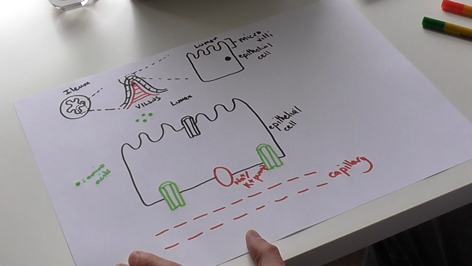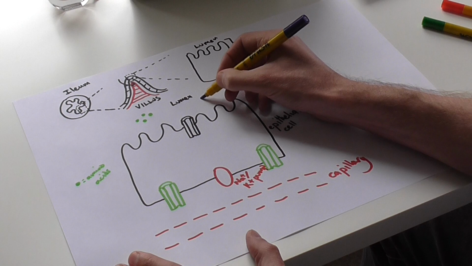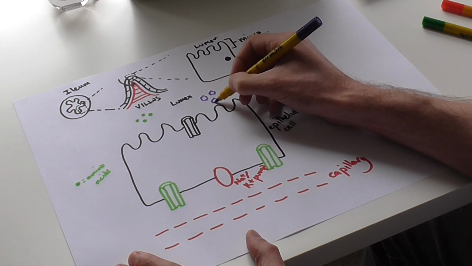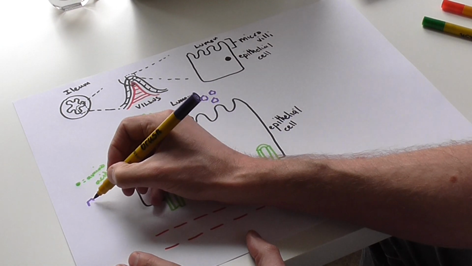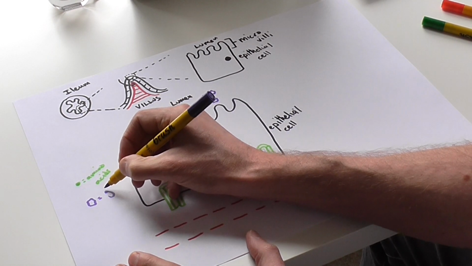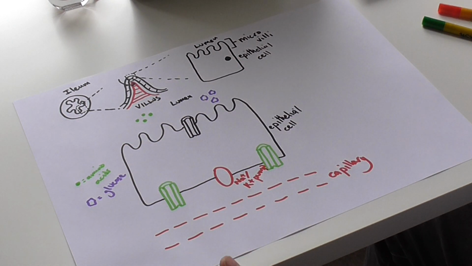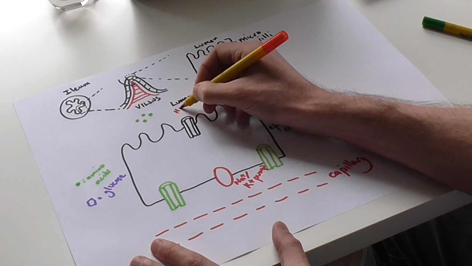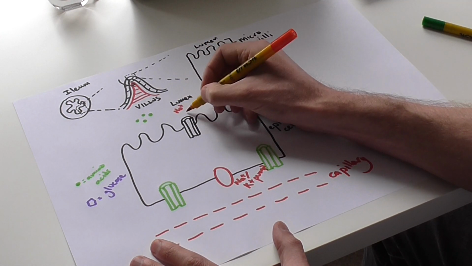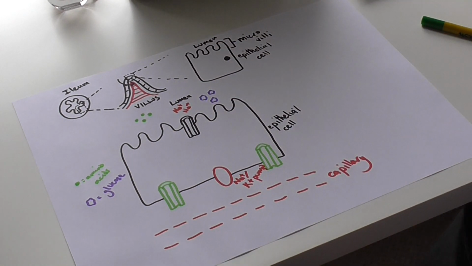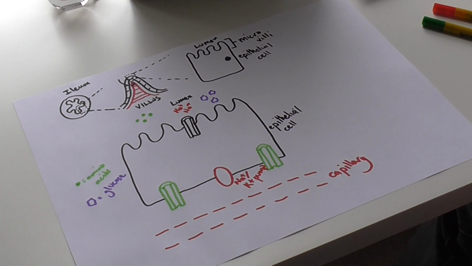In the lumen there are also glucose molecules. It's my attempt at drawing some hexagons. So glucose molecules. And there are also sodium ions within the lumen as well.